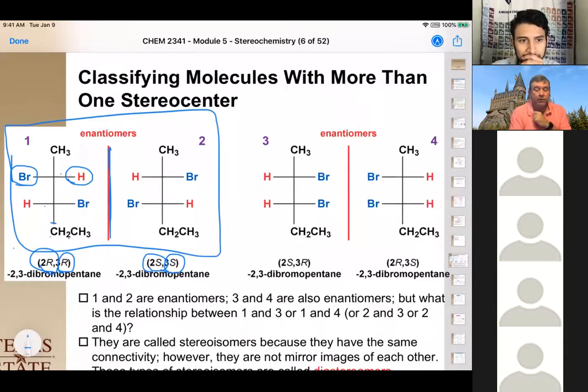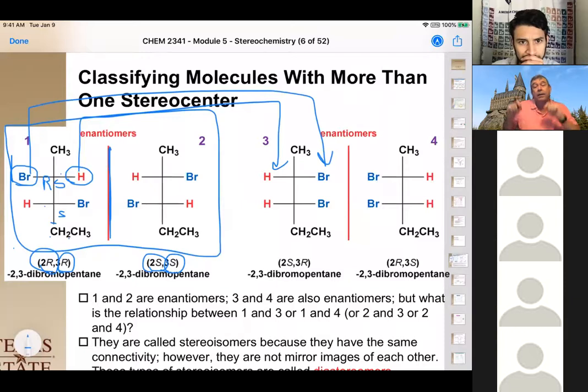So what we've done is we've taken this R right here, and we're going to turn this into S. But we're going to keep this S. So when we draw that, we move the bromine to the other side, move the hydrogen to the other side, and now this is our 2S molecule, and therefore it's not the same as the 2R, 3R, and it's not a mirror image of this here, so it's a new isomer, okay?